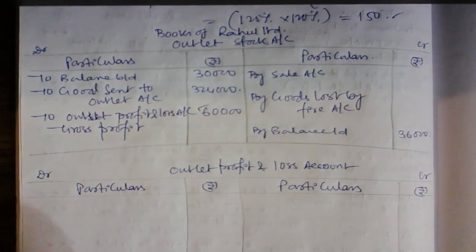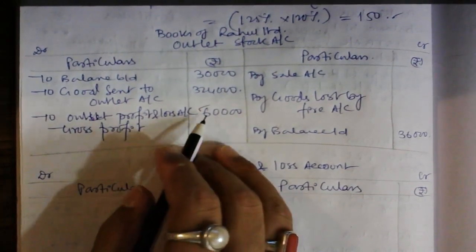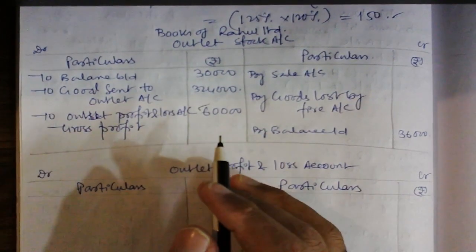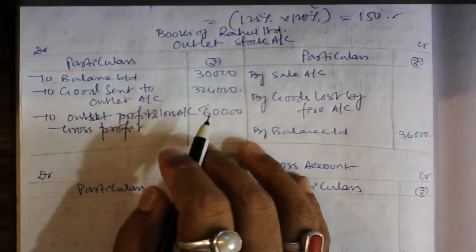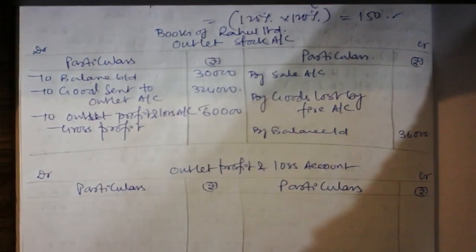So see, this is the outlet profit and loss account. This 60,000 is what? Tell me.